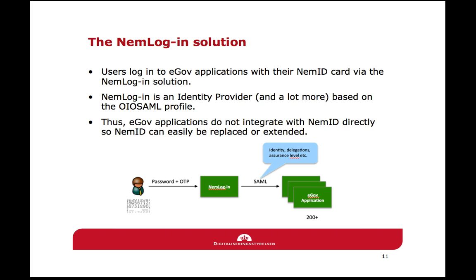You use your NemID to log in with NemLogin, and then get a SAML assertion issued to these eGov applications. So this is really the solution foundation that we built this Power of Attorney on top of.